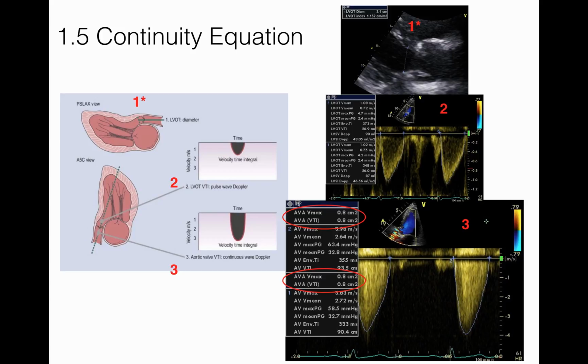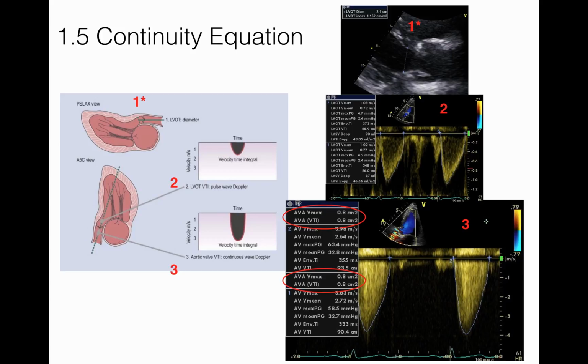The three measurements a sonographer needs to make so that the machine can calculate the aortic valve area using the continuity equation are: 1. The 2D left ventricular outflow tract diameter, 2. The left ventricular outflow tract VTI using pulse wave Doppler, and 3. The aortic valve VTI using continuous wave Doppler.